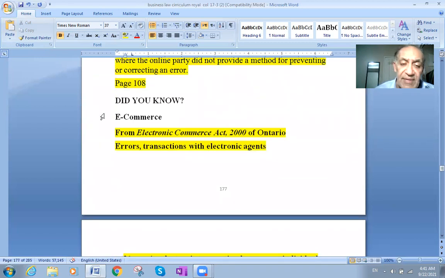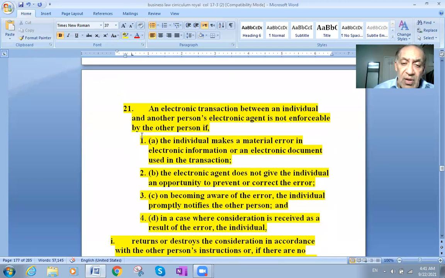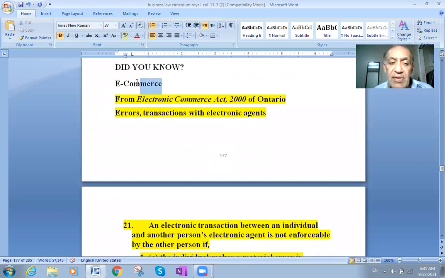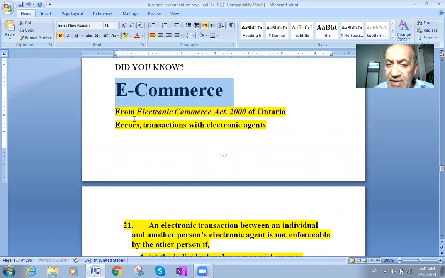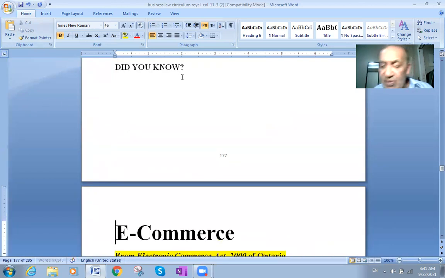And how about e-commerce, or electronic commerce? This topic is now very important in contracts.